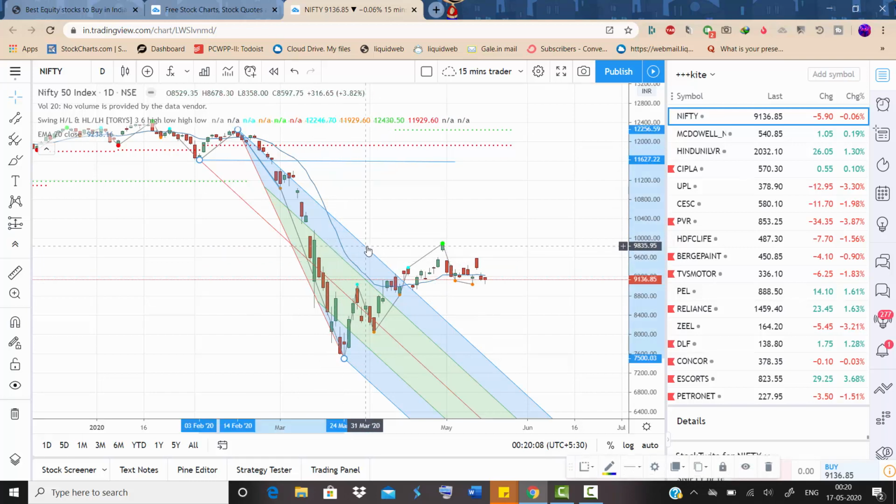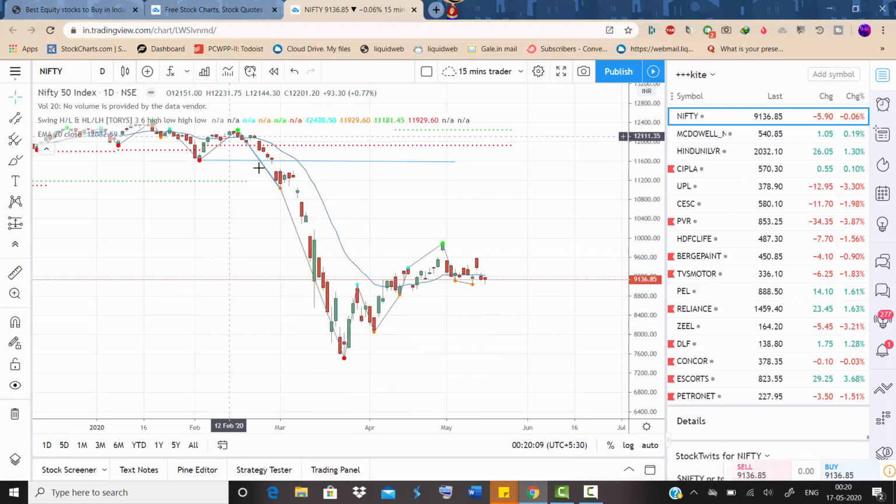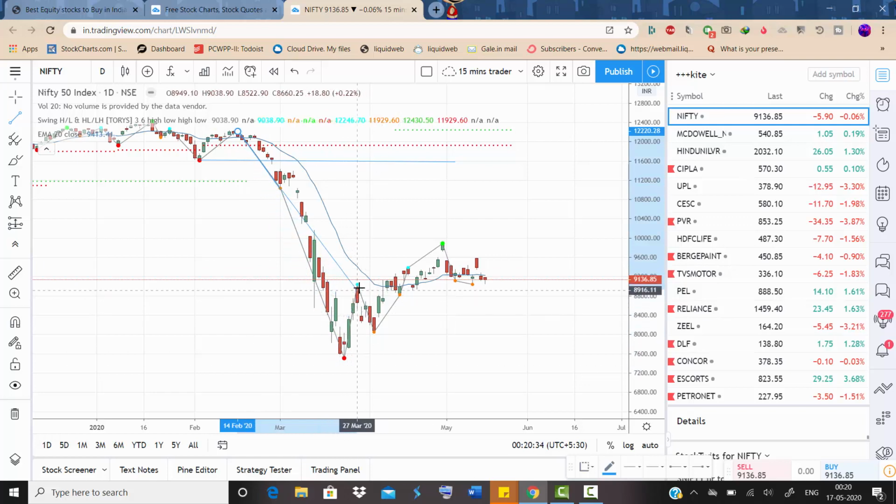So this is the pitchfork. When A, B, C happens, like A to B, B to C breaks this A point. So A to B, B to C. If C does not break this line, like the stop at A is not taken out, then how we draw the pitchfork is we draw a trend line connecting A to C and just extend it over here.